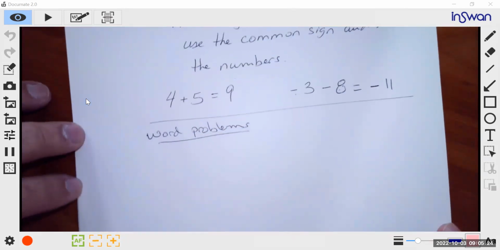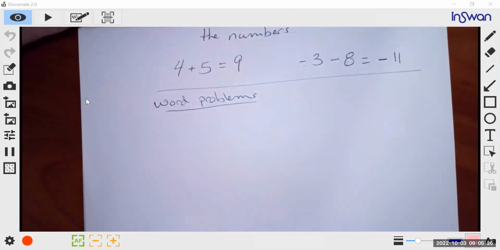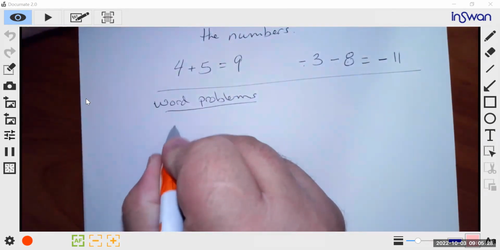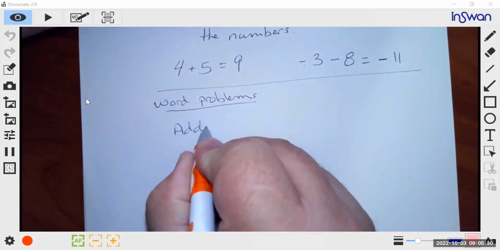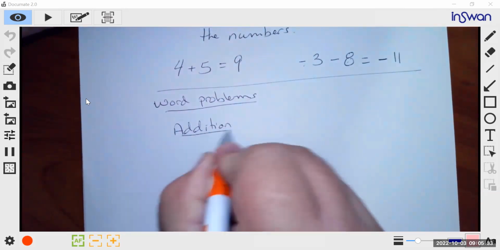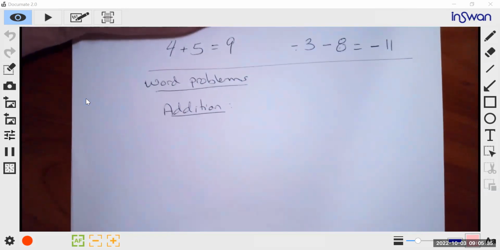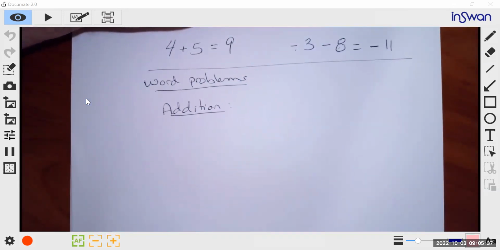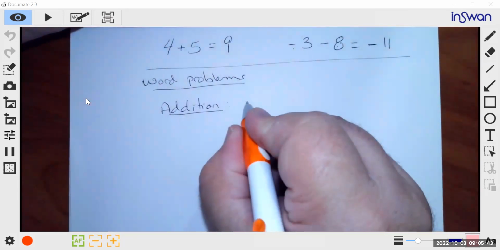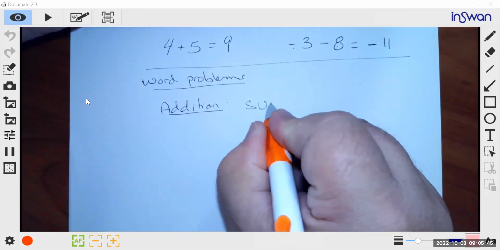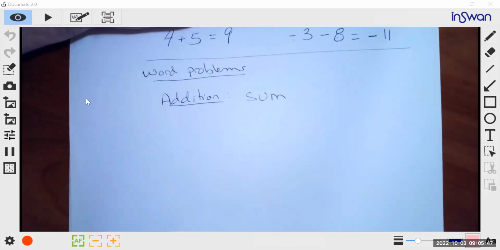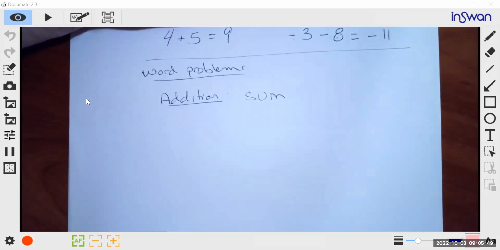word problems. So when you hear the word addition or add, what words mean addition? Sum, not S-O-M-E, S-U-M. That means addition. What's another word? Very good.